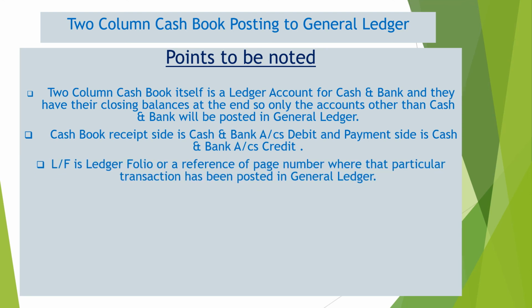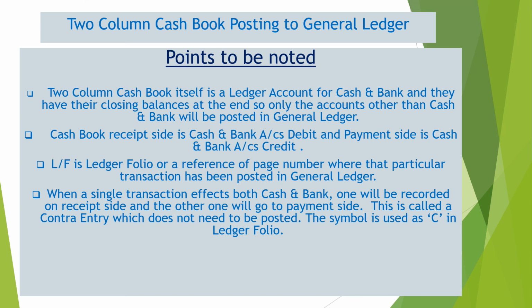LF is ledger folio or a reference of page number where that particular transaction has been posted in general ledger. When a single transaction affects both cash and bank, one will be recorded on receipt side and the other one will go to payment side. This is called a contra entry, which does not need to be posted. The symbol is used as C in ledger folio.